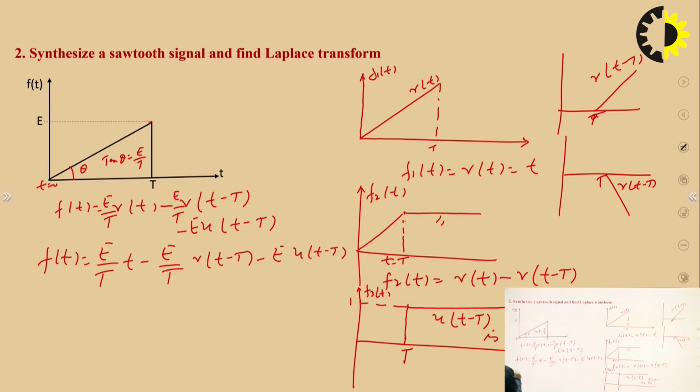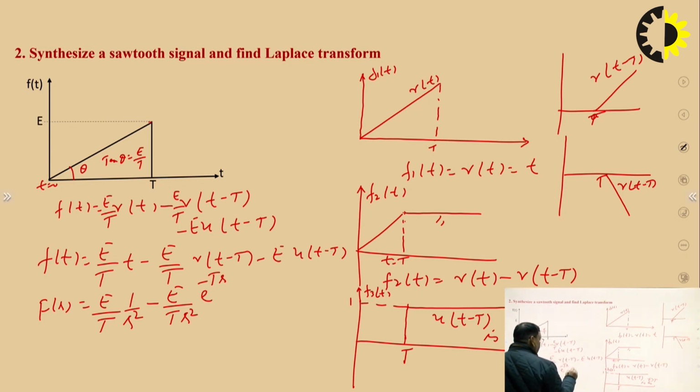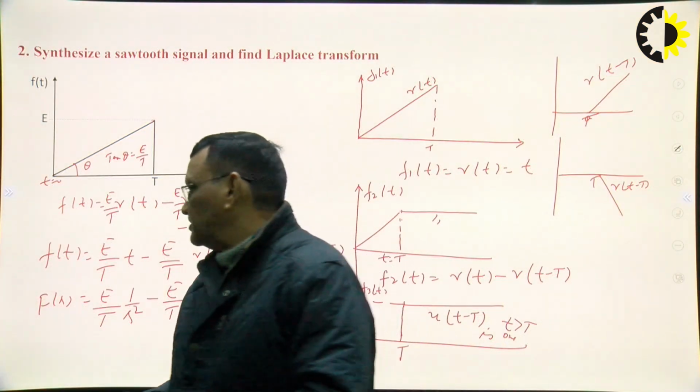If we take the Laplace transform of this function, it is E by T, and the Laplace transform of the ramp, we know, is 1 by s square, so E by T times 1 by s square. Here again E by T times 1 by s square, but it is a shifted ramp, so we multiply by the delay factor e to the minus Ts. This is the time shifting property of the Laplace transform that I have used here.